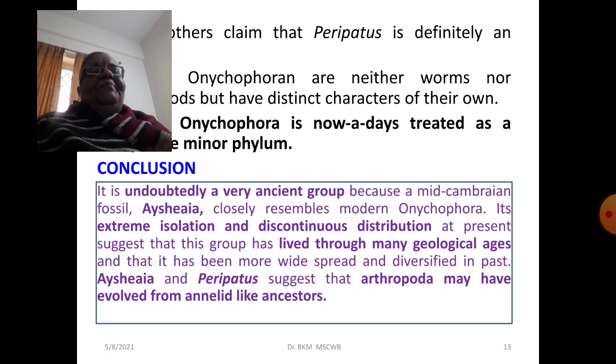So, Aysheaia and Peripatus suggest that Arthropoda may have evolved from annelid-like creatures. Okay. So this is the formal conclusion that has been drawn by the zoologists after having learnt about this Peripatus in detail. Okay.